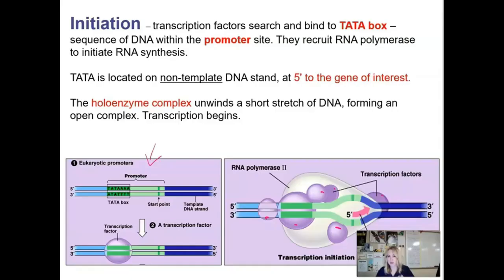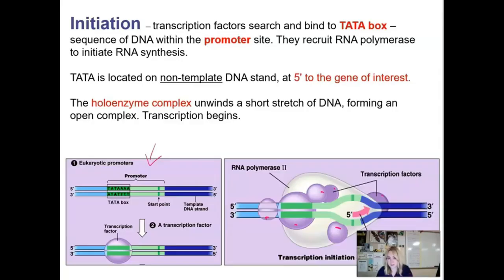They all come together and build this huge protein machinery, which we're going to call the holoenzyme complex. And they recruit the RNA polymerase to the scene, basically telling RNA polymerase where the gene is located, which gene needs to be expressed. Without that, RNA polymerase II would not be able to express a particular gene because it doesn't have that specificity.